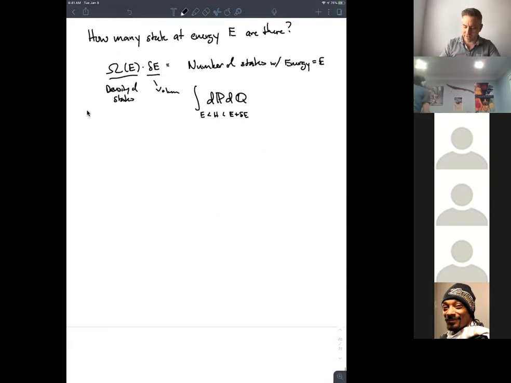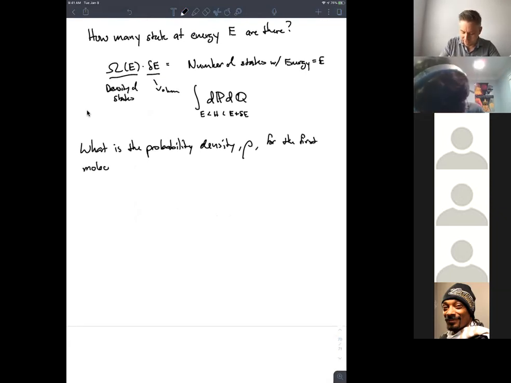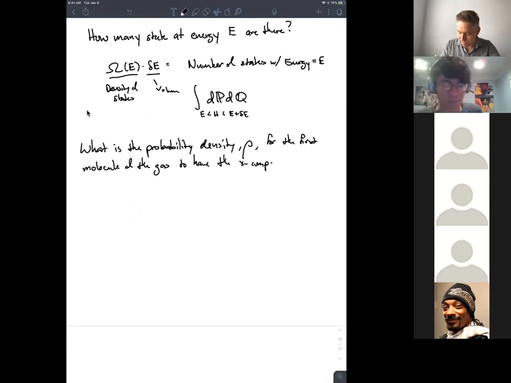And we ended last lecture by answering another question: what is the probability density, which we called rho, for the first molecule of the gas to have the x component of its momentum equal to some specific value, which we called P1.